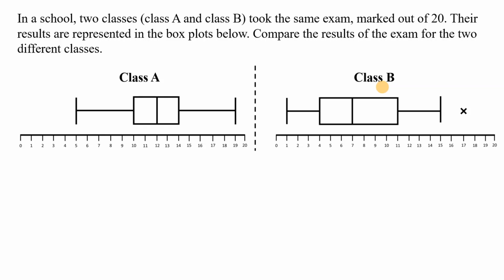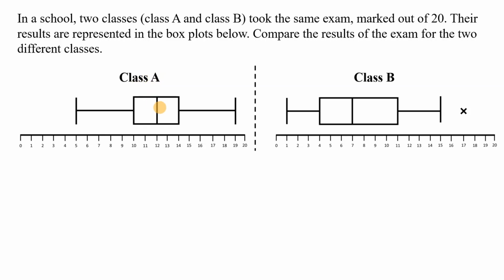So unlike before, when we were using the mean and the standard deviation to compare data, this time we're going to use the median and the interquartile range, okay? So to ensure that you get full marks, I would calculate the median and the interquartile range for both of the classes.